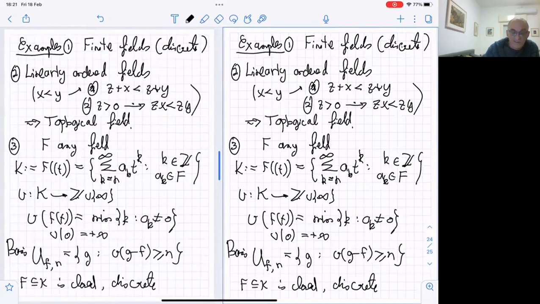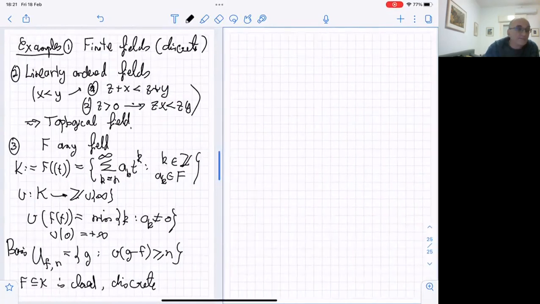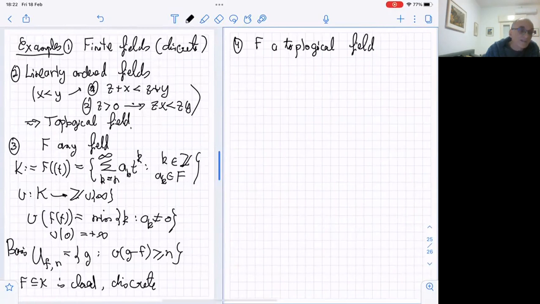Okay, and now a case that we are interested in and will come up all the time is when you start with a topological field, and you take an algebraic extension, F alpha, where we assume that F alpha has finite degree.